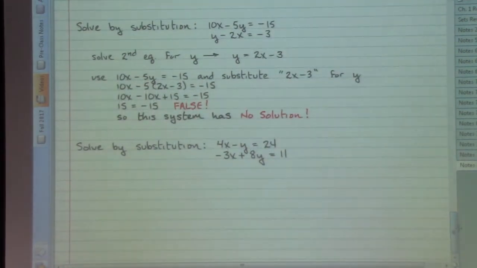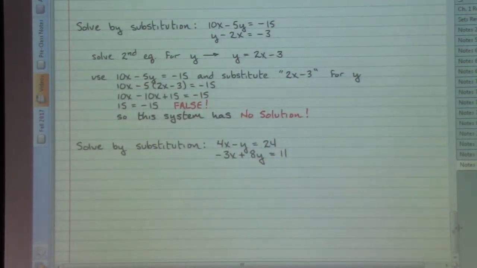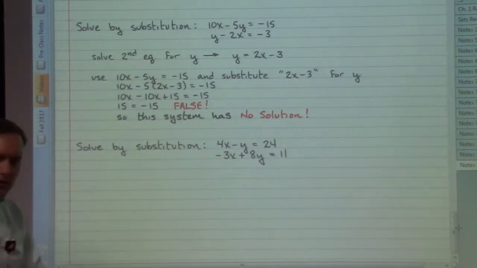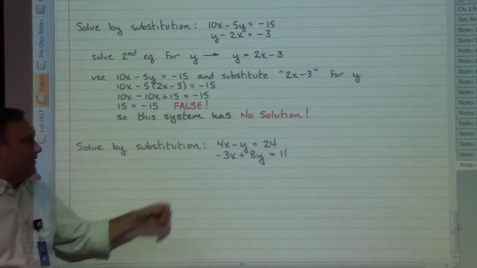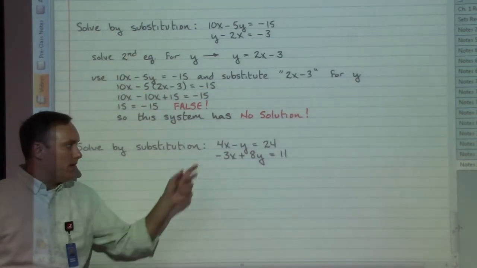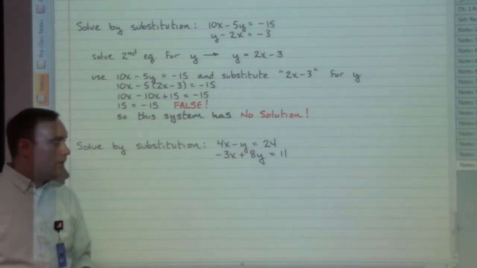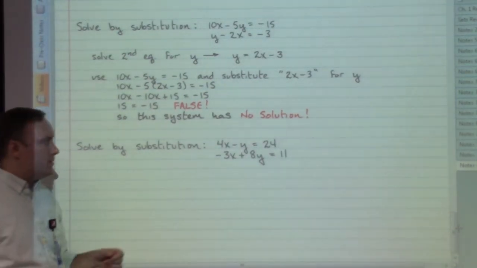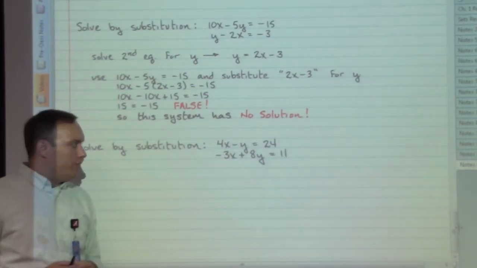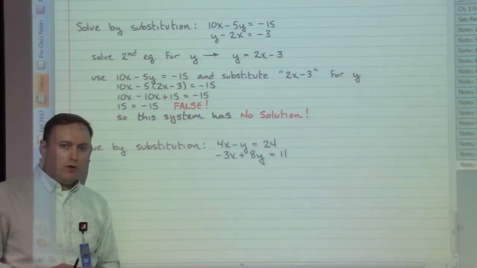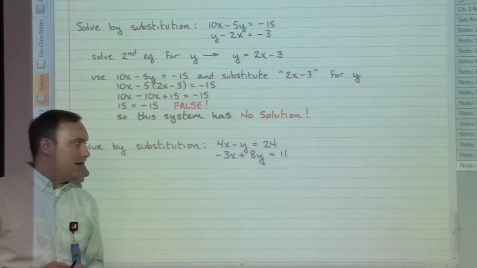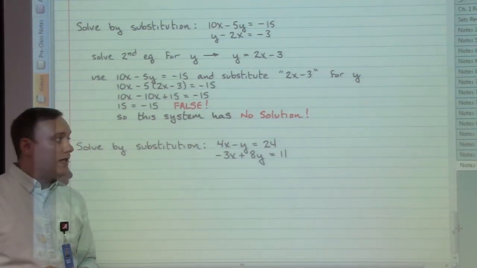But just, again, for a little variety and a little more experience with working through things, let's do one last example where, again, we've got our two equations and many different choices to make. First equation, 4x minus y equals 24. Second equation, negative 3x plus 8y equals 11.